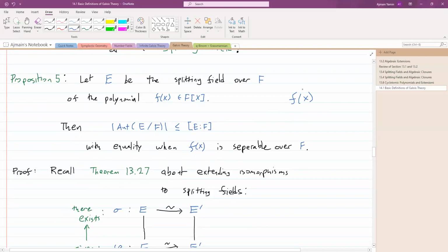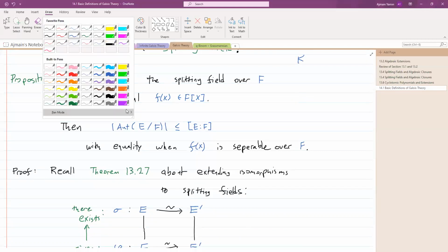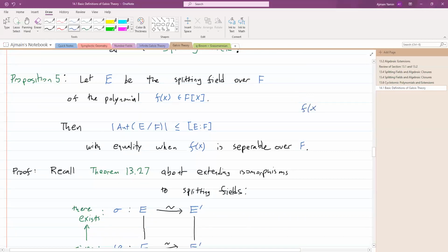If you go to a splitting field K where f(x) has all of its roots, say alpha 1, alpha 2, ..., alpha n, for a degree n polynomial with n roots in K, then if it's separable, it has n distinct roots.